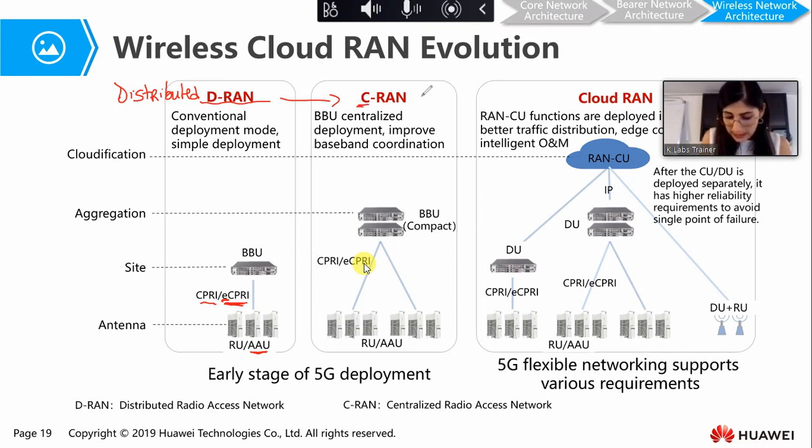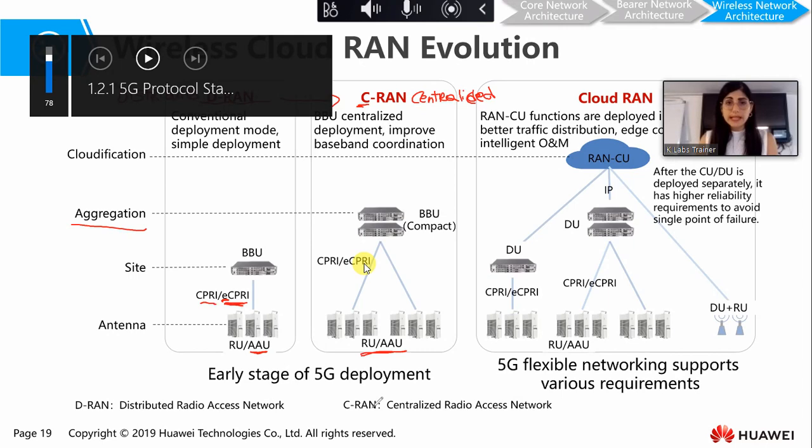Here the C stands for centralized. In our centralized RAN, we can have our baseband unit at the aggregation layer, so not directly on the site. We will have, for example, a pool of BBUs in one central office, and these are connected to our RF unit that we can find on site.